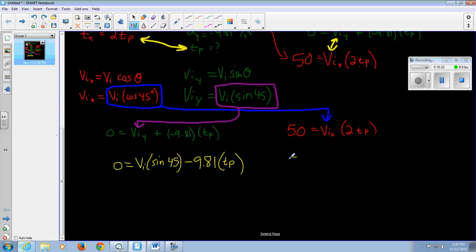This becomes 50 equal to VI cosine of 45 times 2 t.